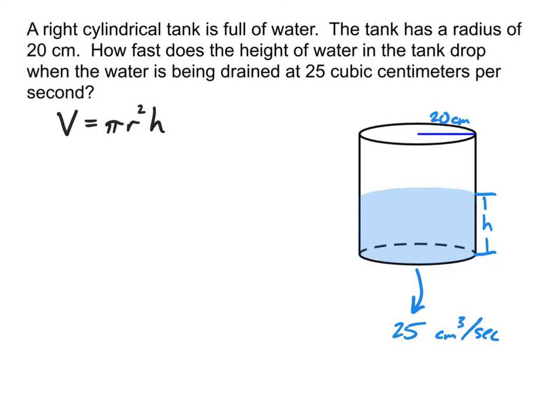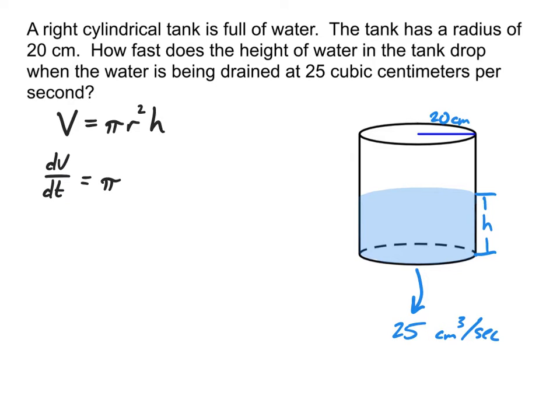Now at this point, we actually can go ahead and just start by finding the derivative with respect to time on both sides. Of course, on the left side, the derivative of V is just going to be dV over dt. On the right-hand side, pi is a constant, so the pi is still going to be hanging out front. But you notice that's going to be r squared times h, so we're going to be using the product rule here.